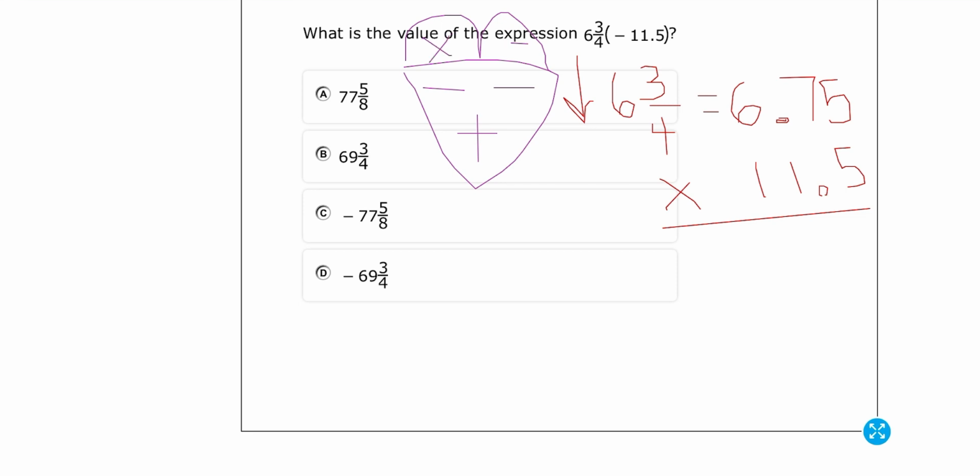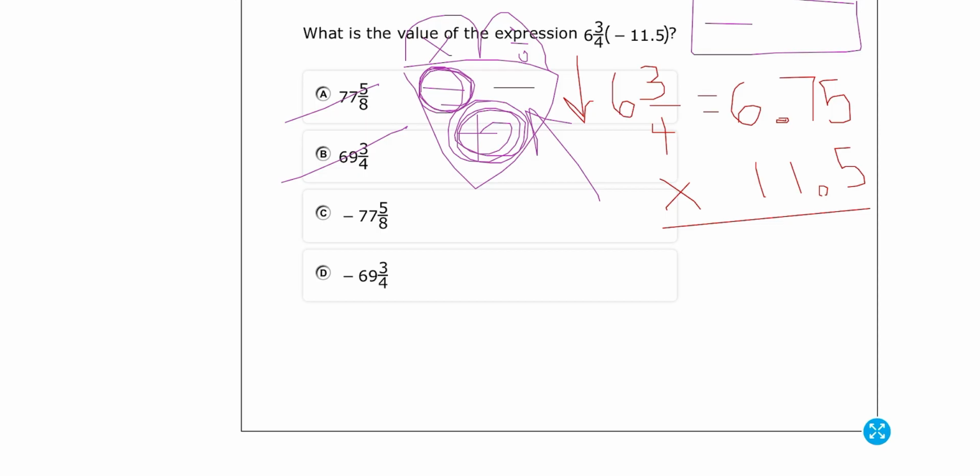So in sleepy cat, if I have a positive and a negative, the answer will be a negative. So just by doing sleepy cat, you know the answer is negative, right? So I know A and B are not even going to be considered at all.